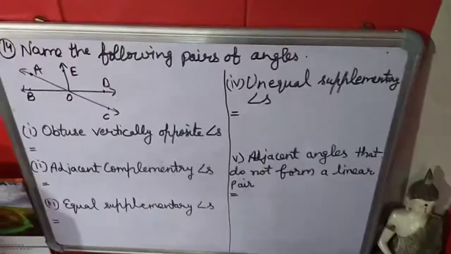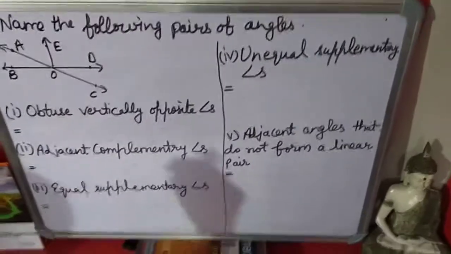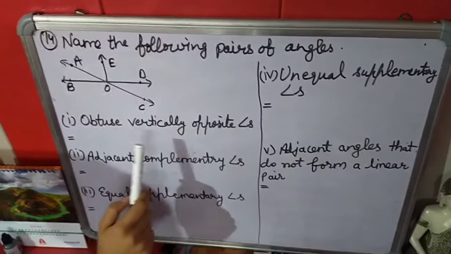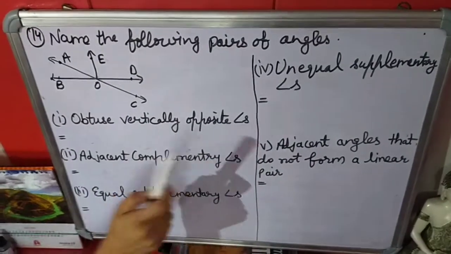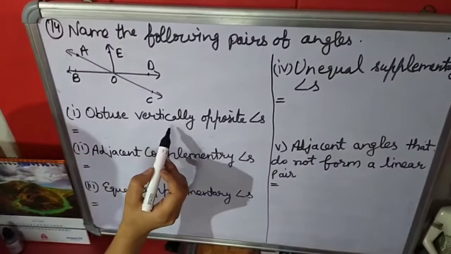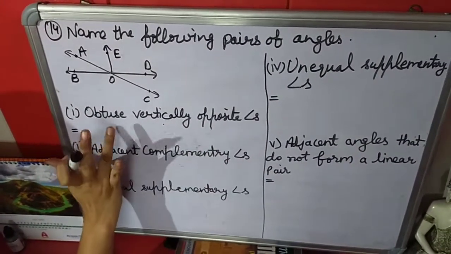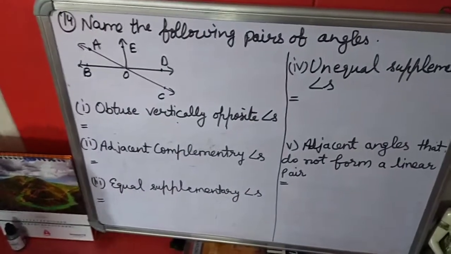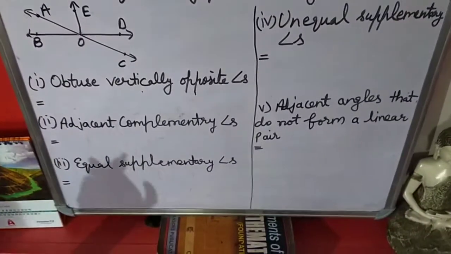The 14th question is name the following pairs of angles from this figure. Obtuse vertically opposite angles. Now we will check. First, they should be vertically opposite, and obtuse means more than 90 degrees. Now we will check.